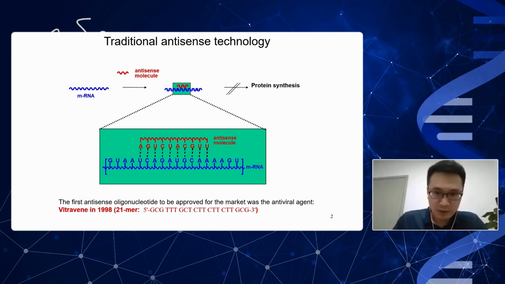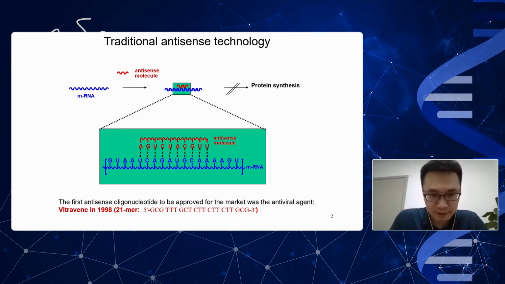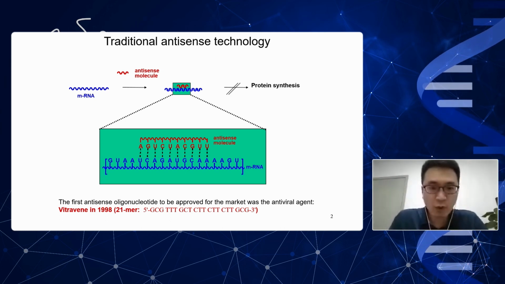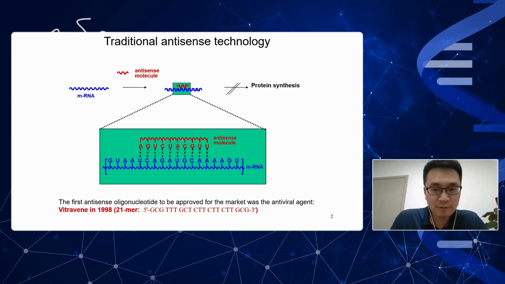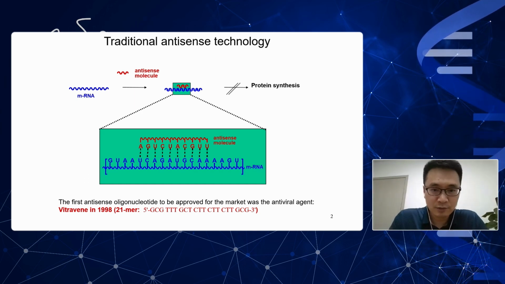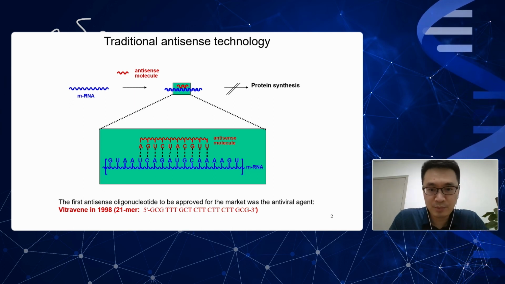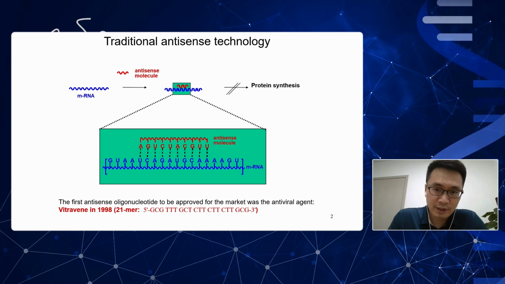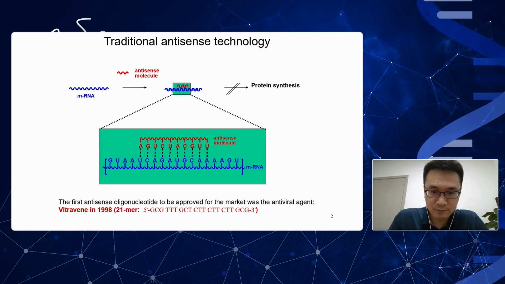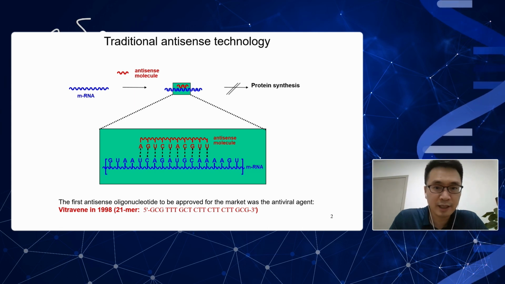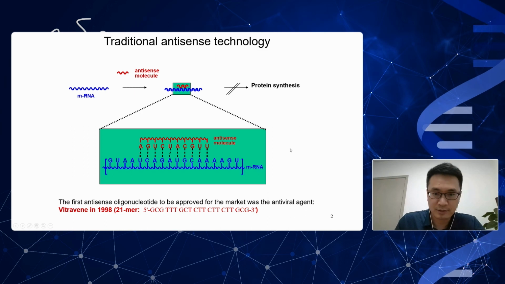The principle is very simple: you make a 21-mer or 18-mer oligonucleotide, which is often modified. This short oligo sequence can be complementary to mRNA, and by forming Watson-Crick base pairs with the target mRNA, you can inhibit protein synthesis.